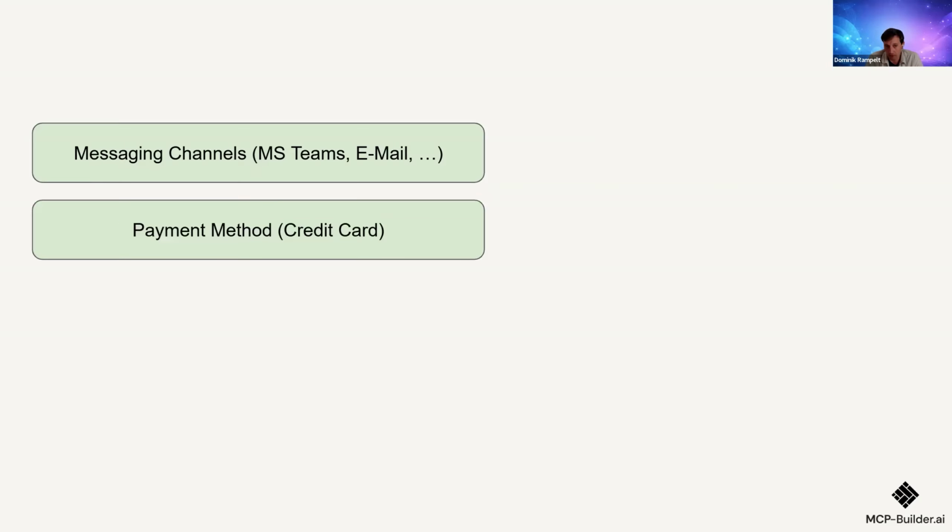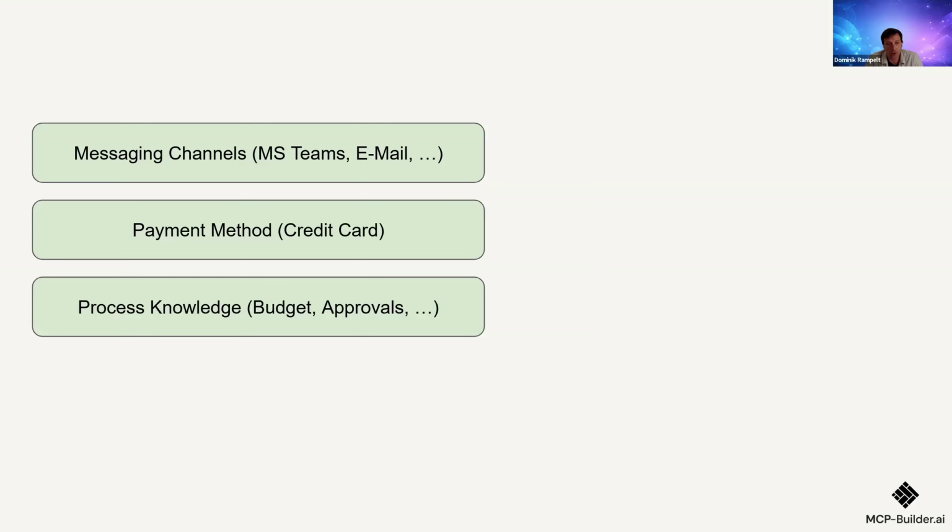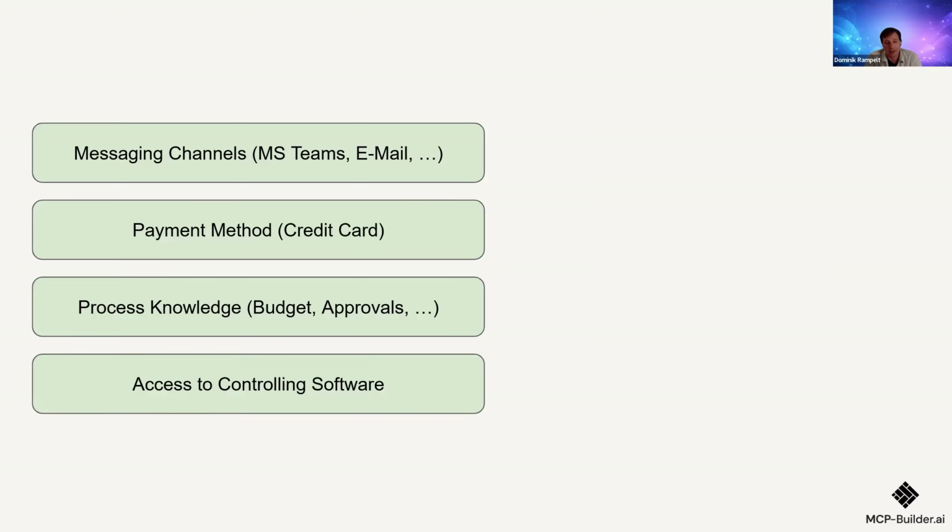It needs a payment method, meaning credit card information from the company. It needs process knowledge, of course, which is more straightforward, but it also needs to know how to get approvals and from whom, and budget-wise as well. Then access to the controlling software, meaning maybe an SAP system or something else running behind. It needs to access that, add new invoices and do all the managing stuff that the team currently does by itself.